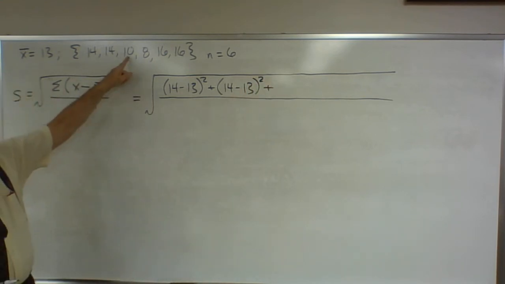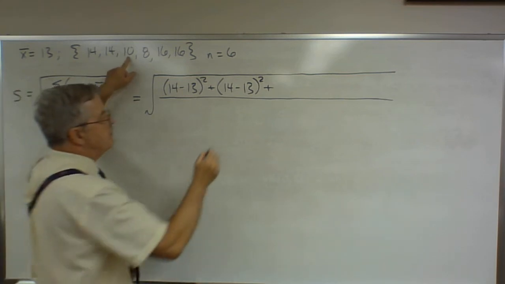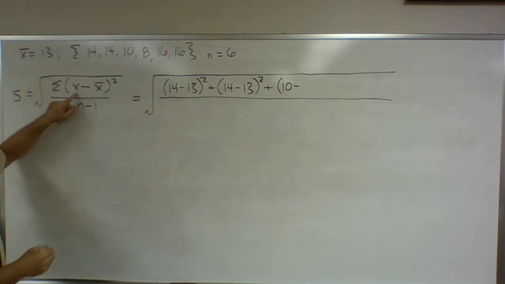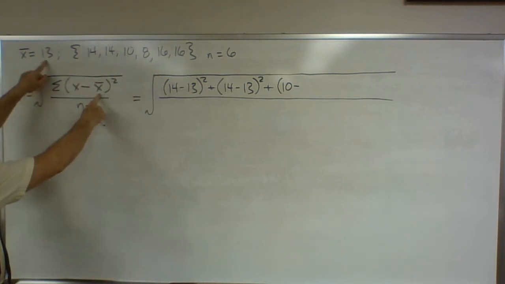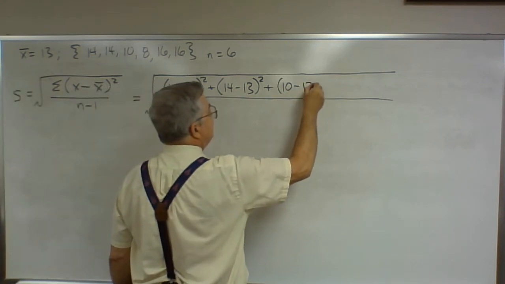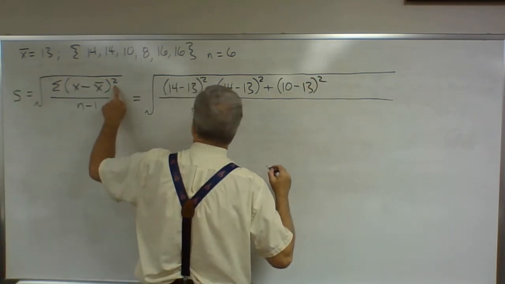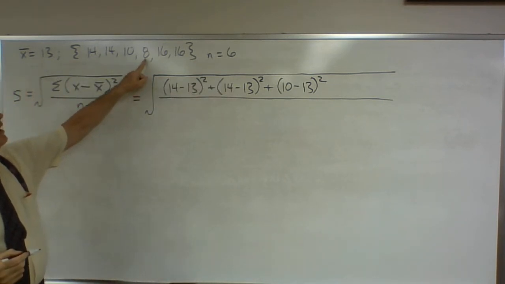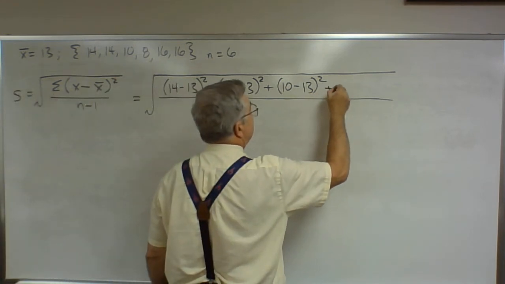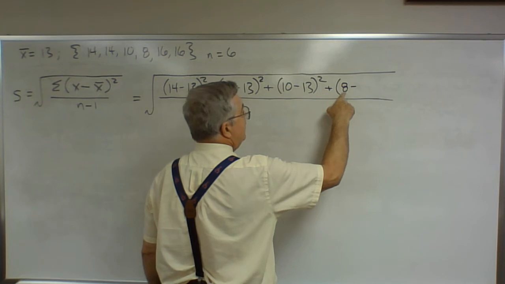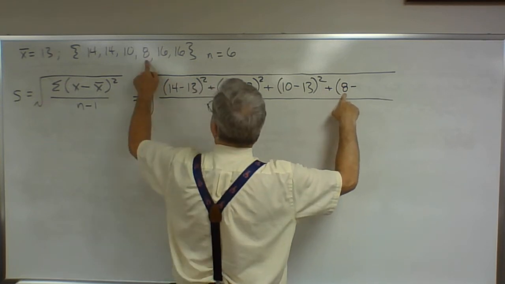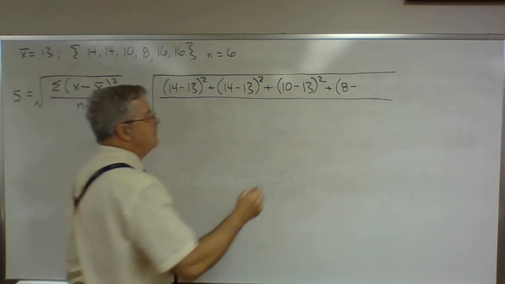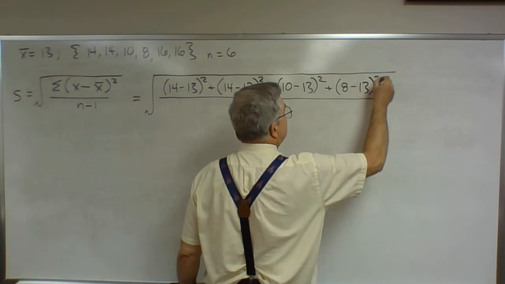And then we go to the next data value, 10, and from this data value, 10, we subtract the mean, 13, and we square it. Then we go to the next data value, 8, and from this data value, 8, we subtract the mean, x bar, which is 13, and square it.